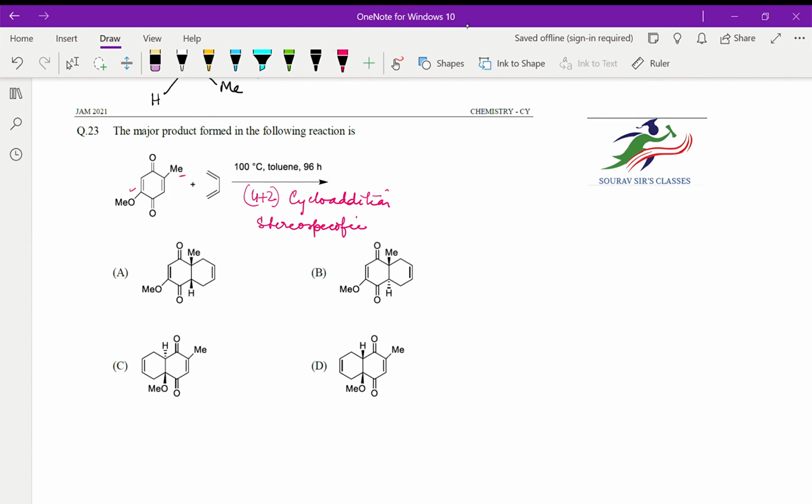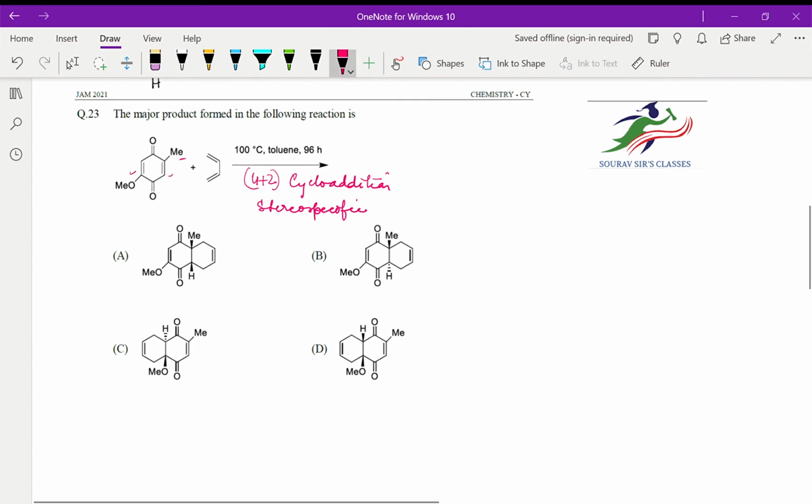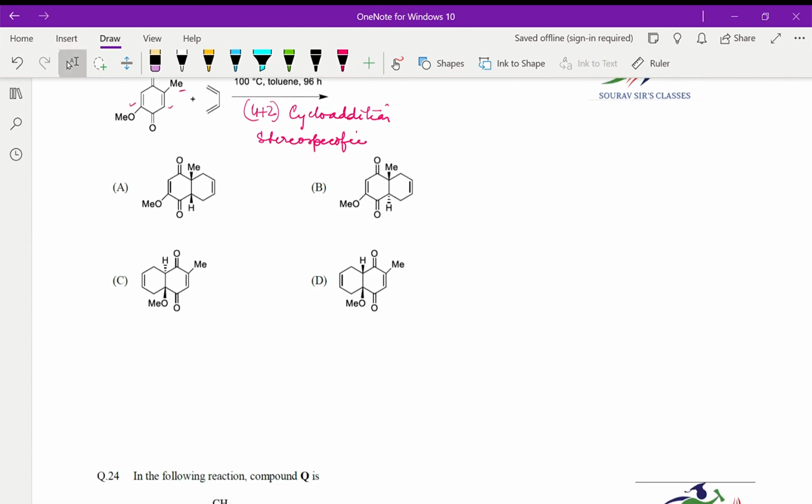All right, so out here what we will do is we will place the molecules right away like that. Okay, all right, and your methyl is like that.